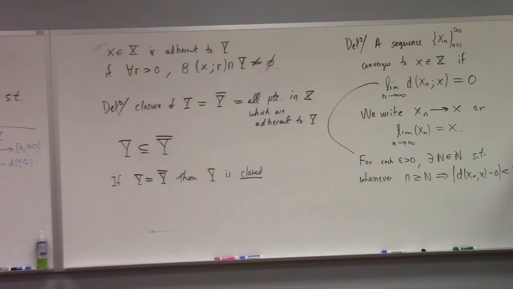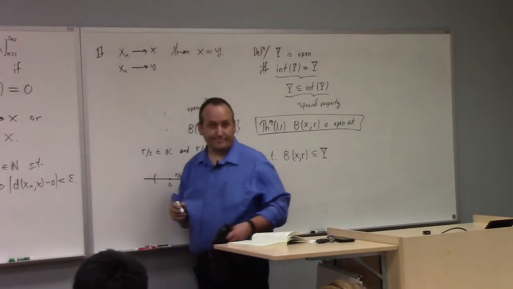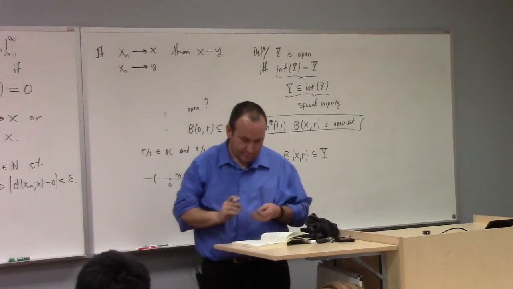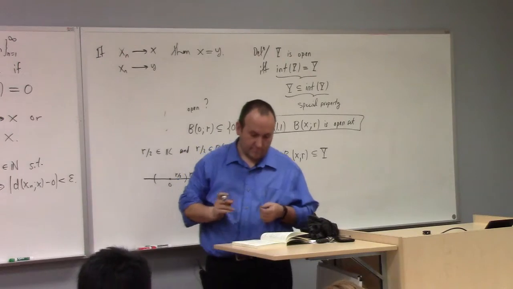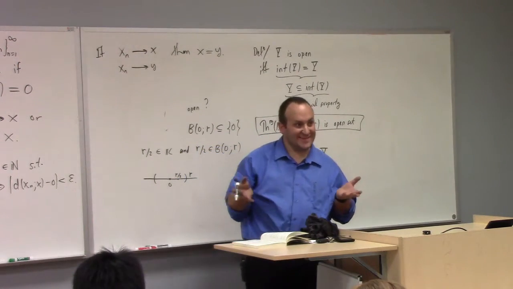So if we had xn goes to x and xn goes to y, then x equals y. How do we prove that? At this point in the lecture, if I'm going to prove something, it's got to be really easy.